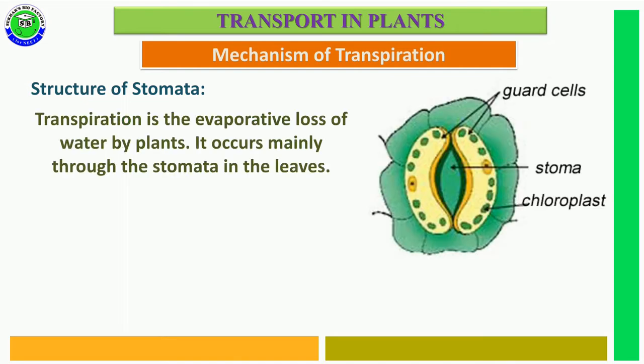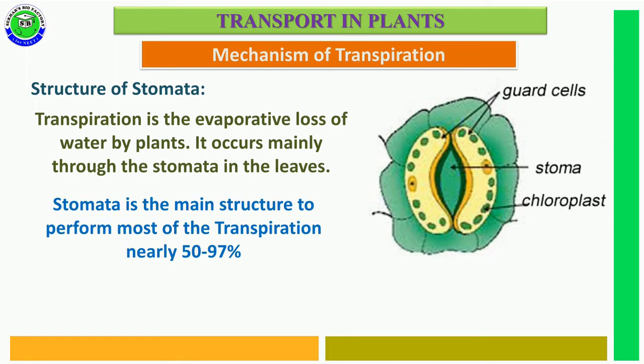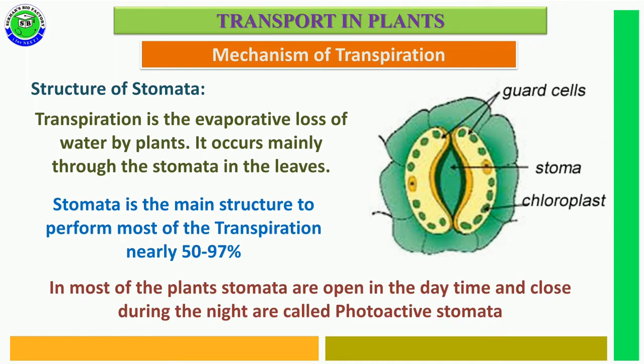In the structure of stomata, transpiration is the evaporative loss of water by plants, and it is mainly associated with stomata present in leaves. Stomata are the main structure performing most of the transpiration, nearly 50 to 97%.